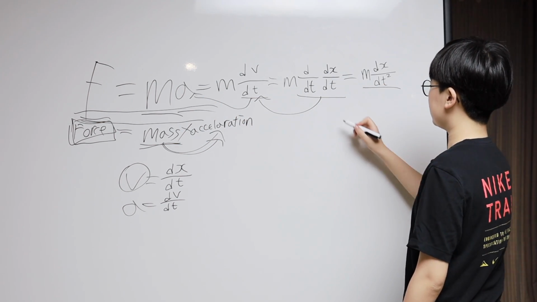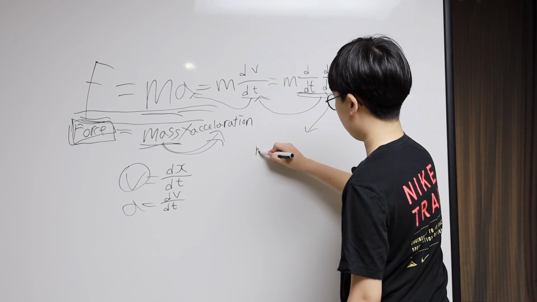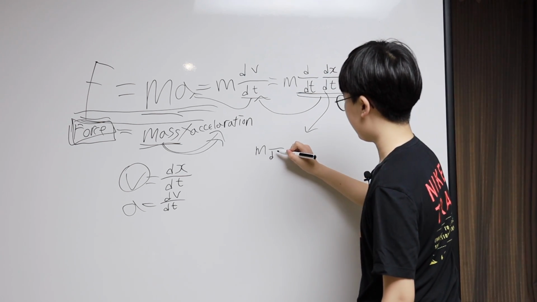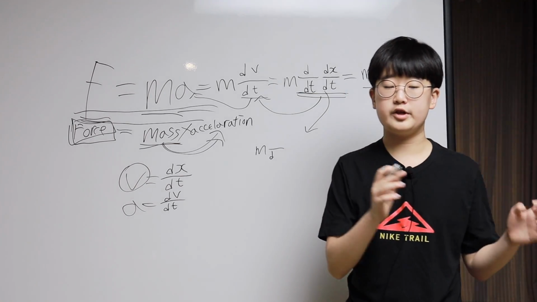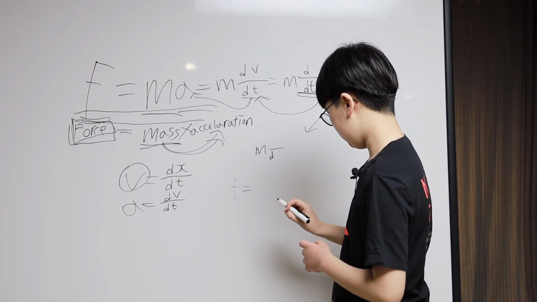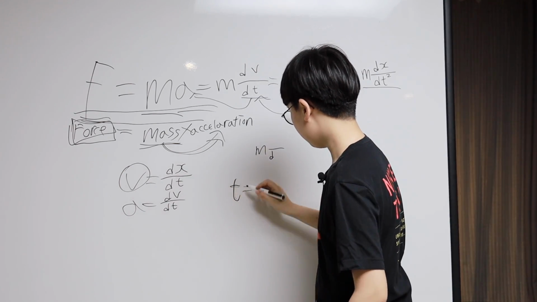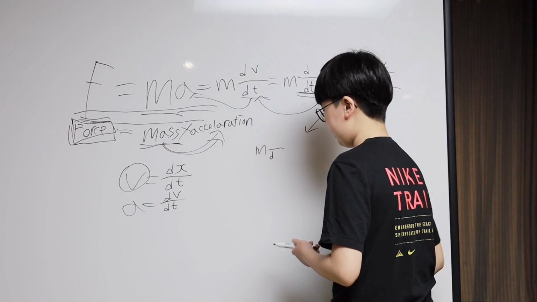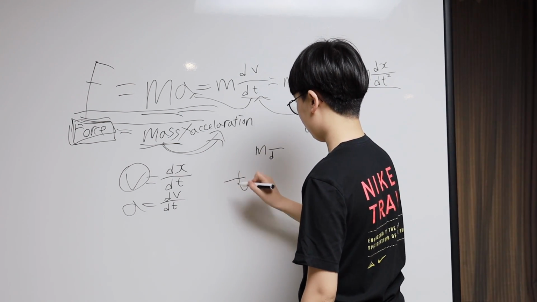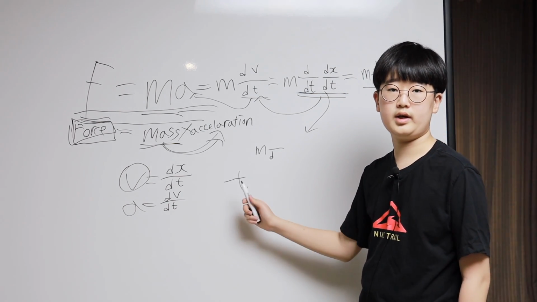Now using this, or this to be more exact, m times d, and we're saying if time flows backwards, so in this case time has a minus sign.